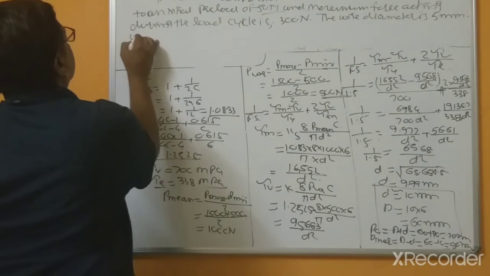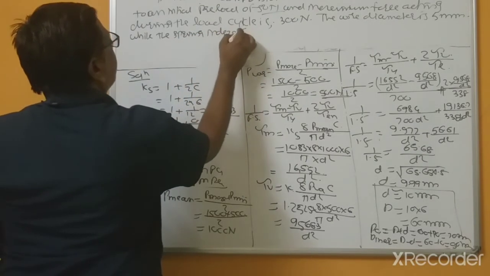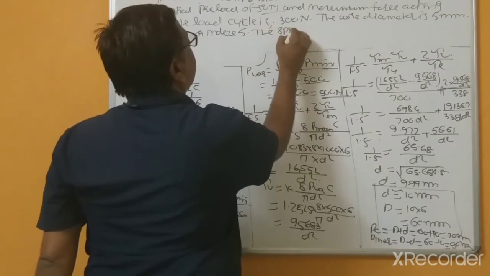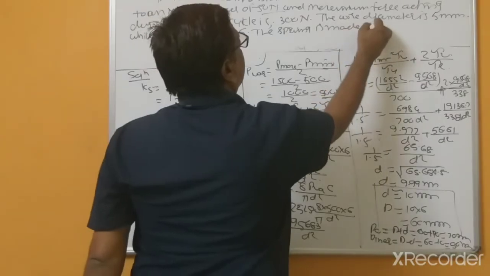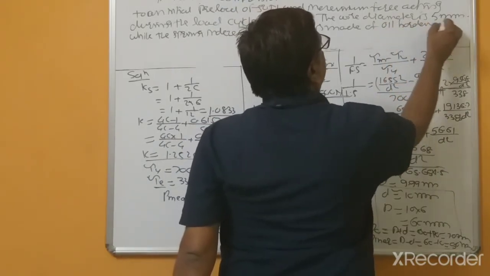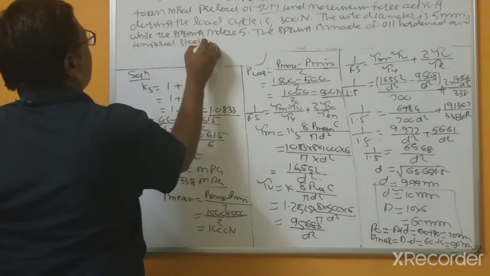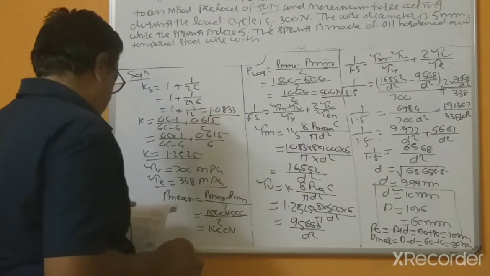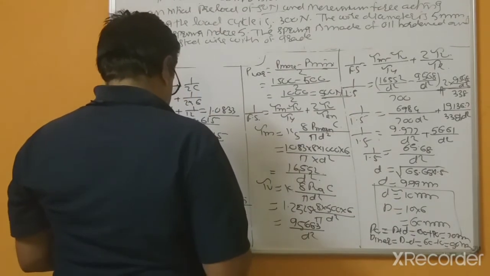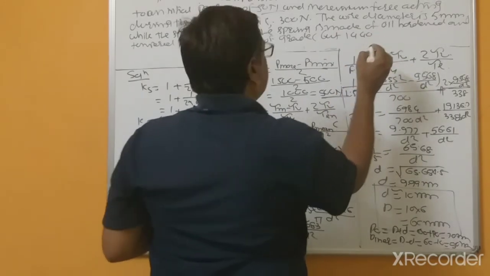While the spring index is 5, the spring is made of oil hardened and tempered steel wire of grade sigma ut equal to 1440 Newton per mm squared.